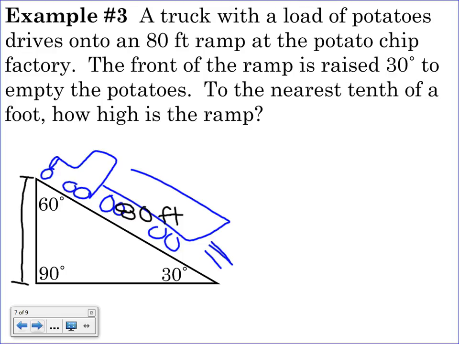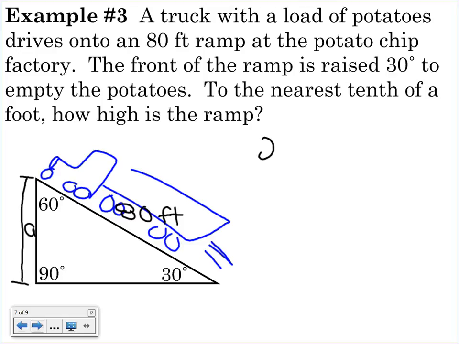If the height of the ramp is across from the 30 degrees, is that A or B? Is A the short leg or the long leg? Short. Smaller the angle, shorter the side. So this is side A. So again, now we're trying to find A, and we're given C.